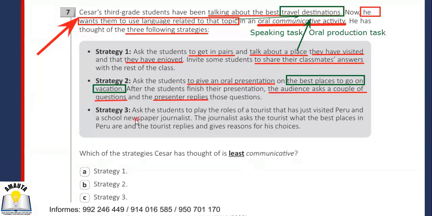In the third strategy, it says here, ask the students to play the roles. Okay, it's a role play. You should identify also the type of activities, right? For example, here we have pair work. The students talk about a place they have visited, right?